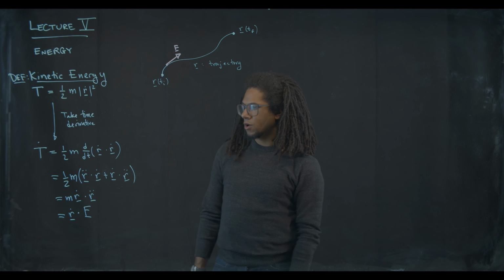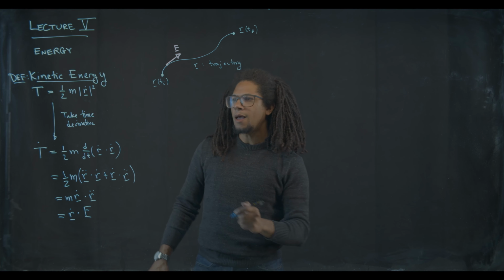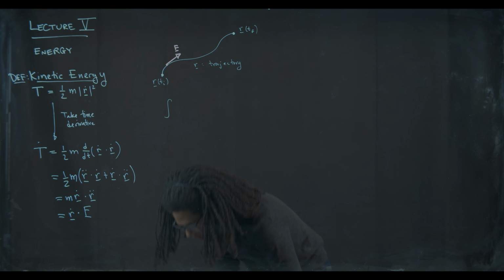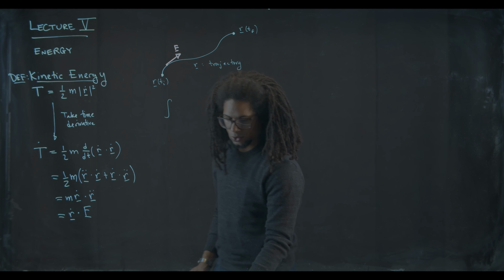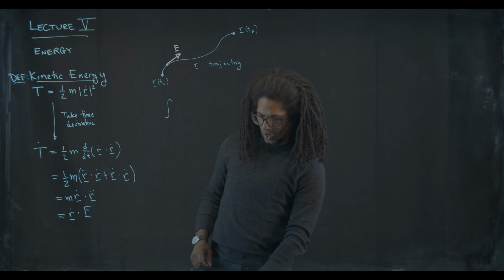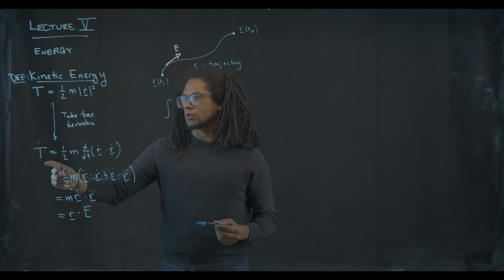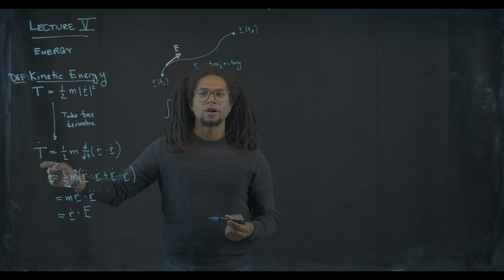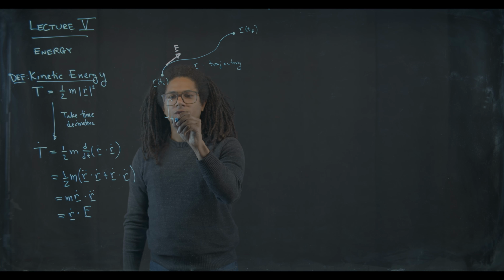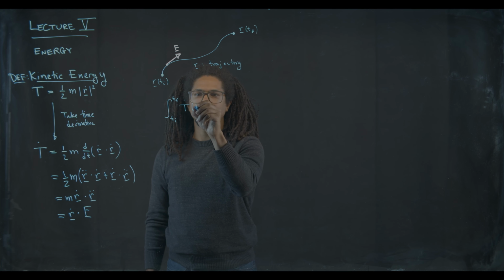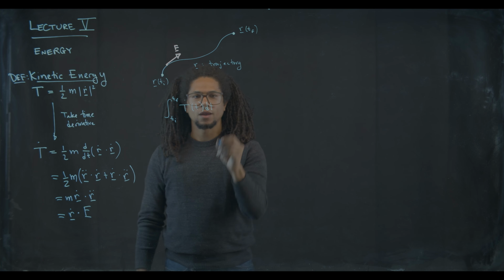Okay, well, let me begin by doing what I just sort of spilled the beans that I was going to do and integrate this quantity. Now, I know by the fundamental theorem of calculus what I should get if I integrate this between two times. Okay, so I'll go from t_i to t_f, and I'll take the integral of T dot dt.